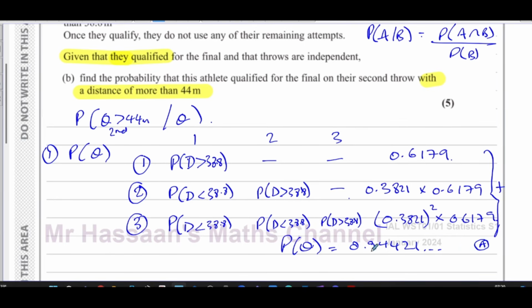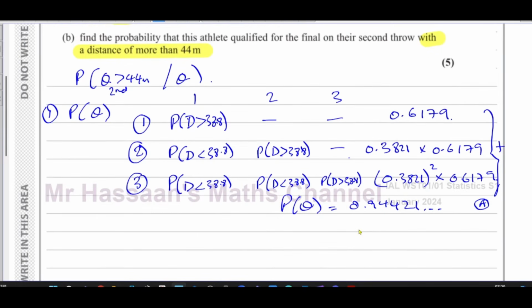Okay, so now we have found the probability that they qualified. That's going to be our denominator. Now we've got to do the second stage. We've got to find the probability that they qualify with a throw greater than 44 meters.